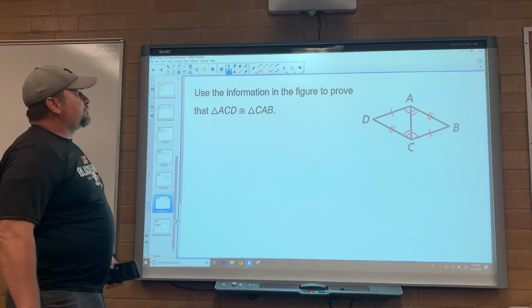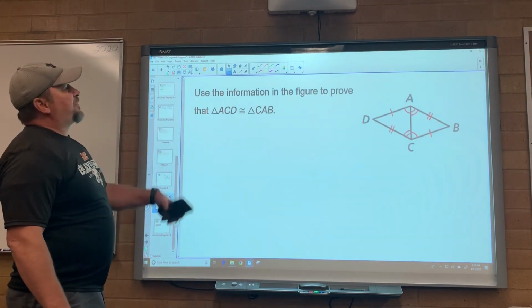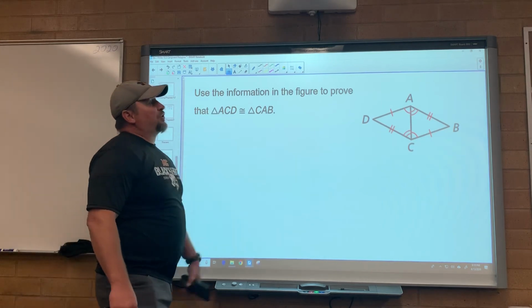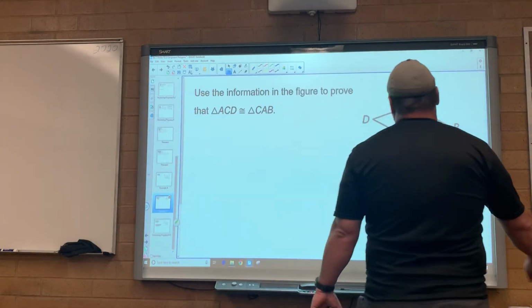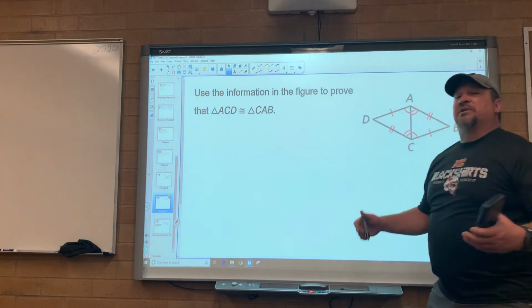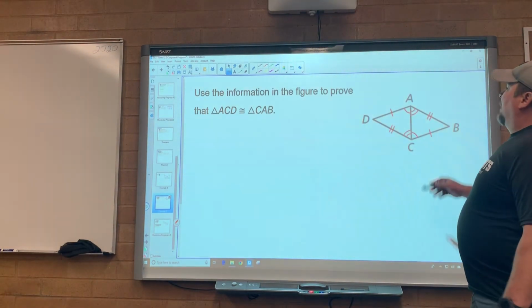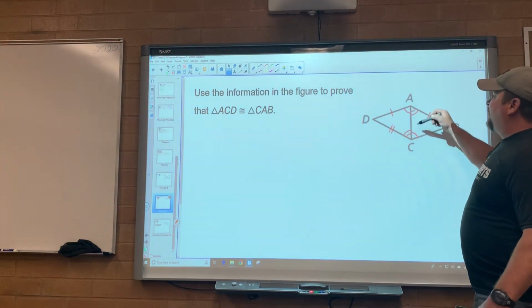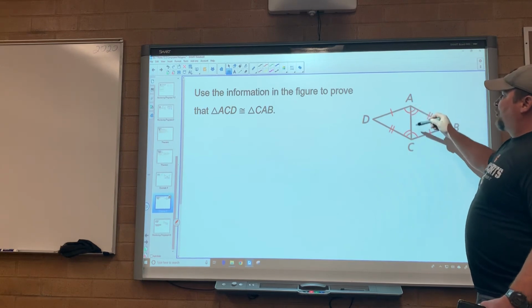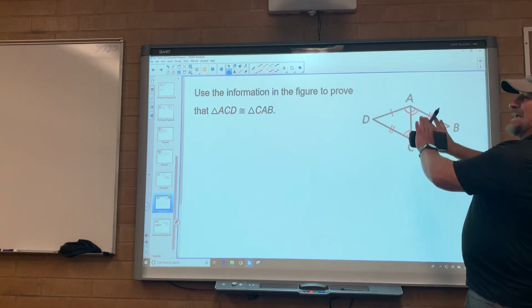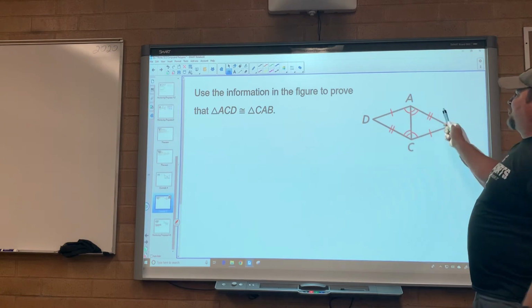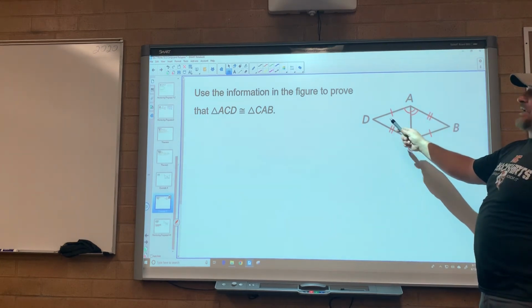Okay? All right. It says use the information of the figure to prove that these two triangles are congruent. I'm going to walk you through a couple things we just talked about. The two angles are congruent to the two angles on this picture. If I were to pull those pictures apart, two angles on this triangle match two angles on that triangle.